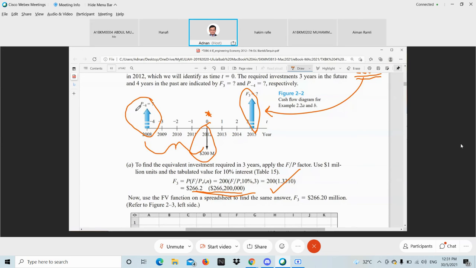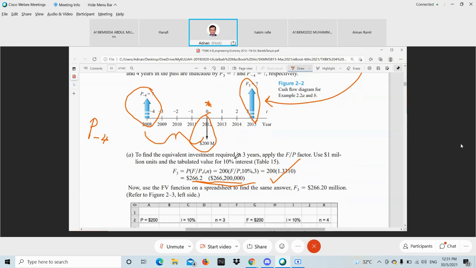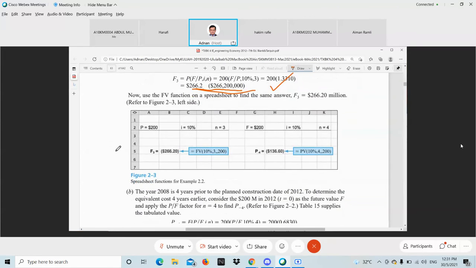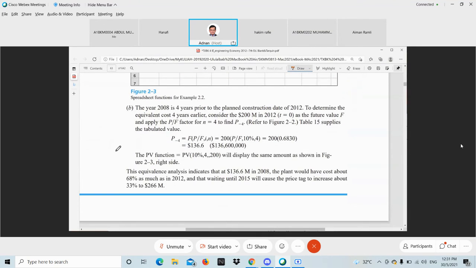Okay, so maknanya kita nak tahu P, okay, minus 4 years earlier. And this value akan jadi the future lah. Dia akan jadi the future walaupun dia 0 sebab kita nak tahu the present of this minus 4. So this is what we get.